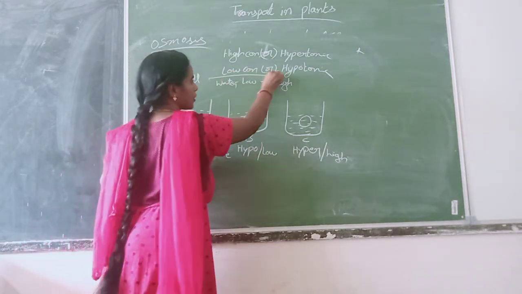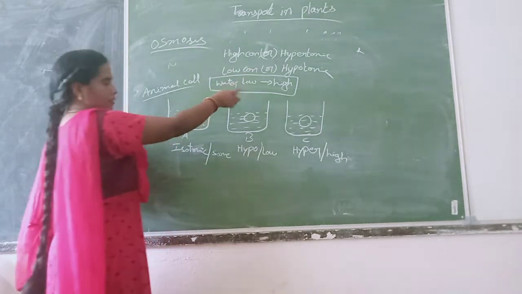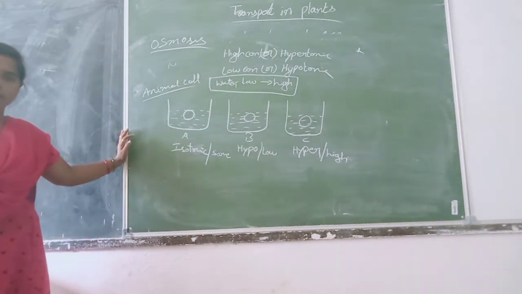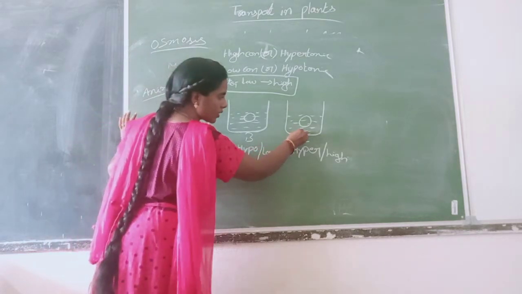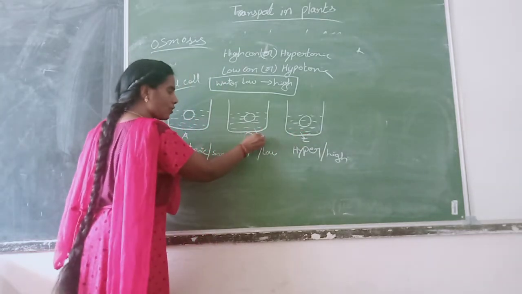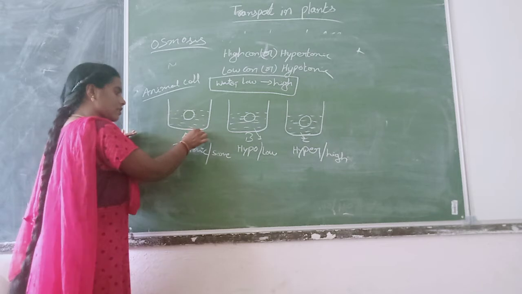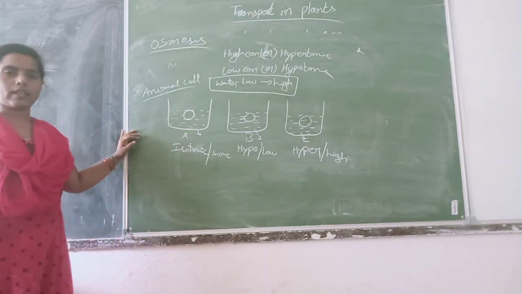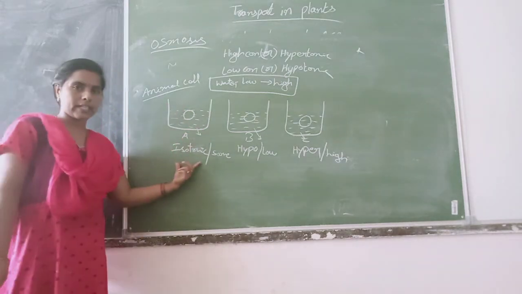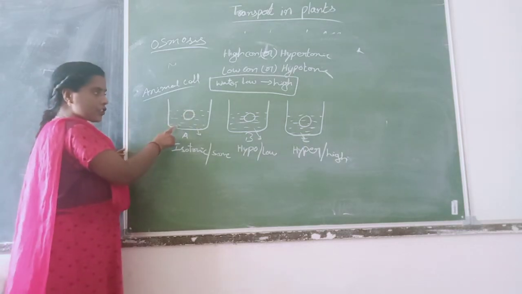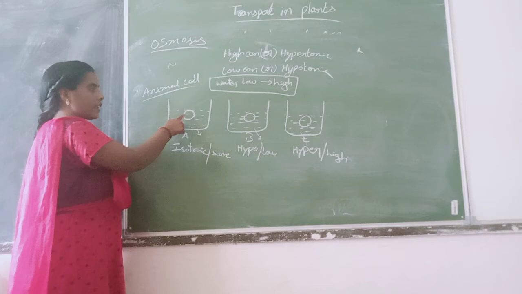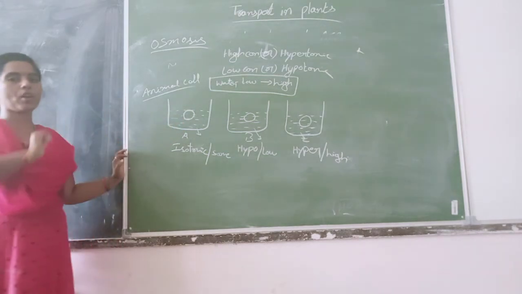So here, this is the high concentrated solution and this is the low concentrated solution. This is isotonic. In the first case, the animal cell and the solution in the beaker have the same concentration.